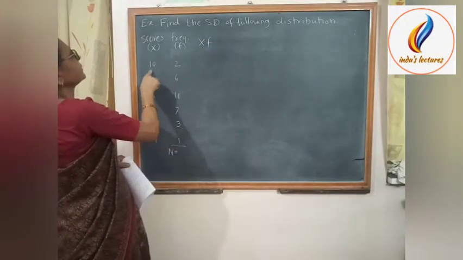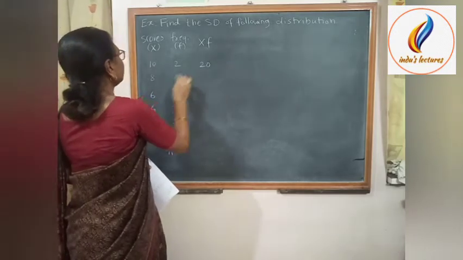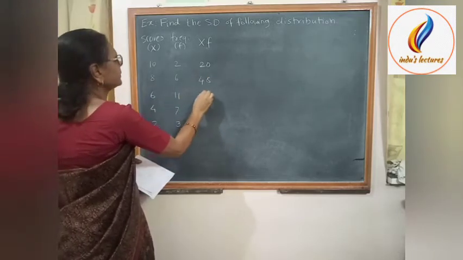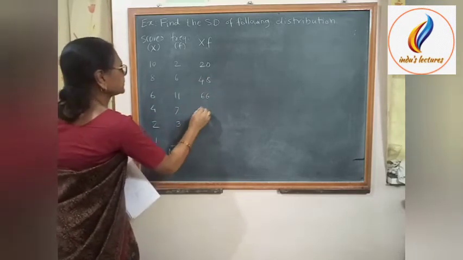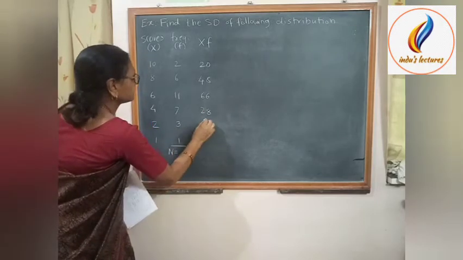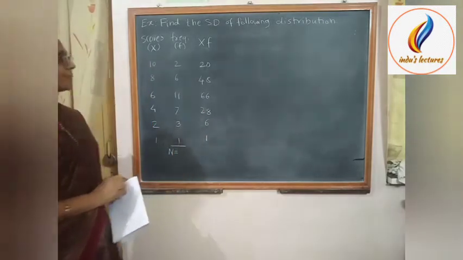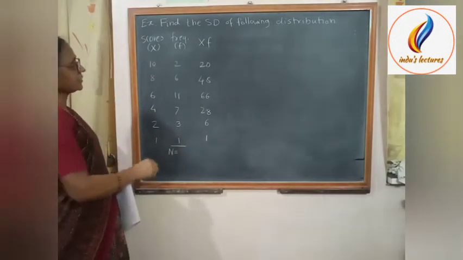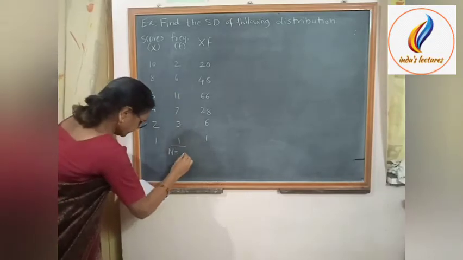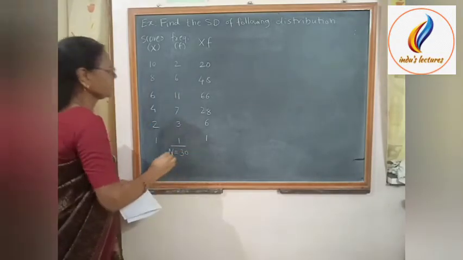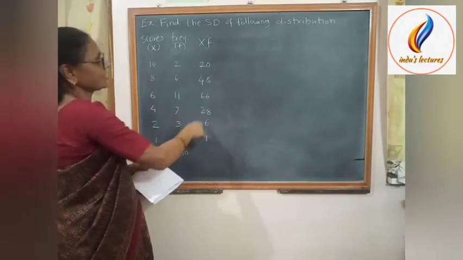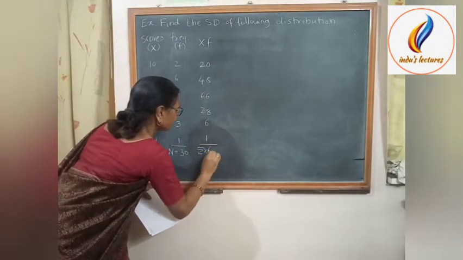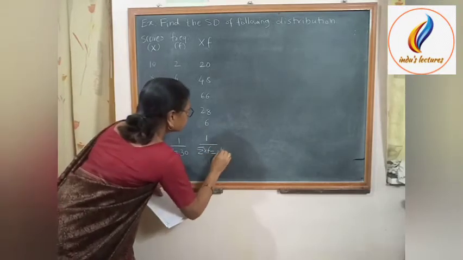Now 10 into 2 is 20, 8 into 6 is 48, 6 into 11 is 66, then 28, 6 and 1. The sum of all frequencies is 30. The sum of all products, summation xf, is 169.